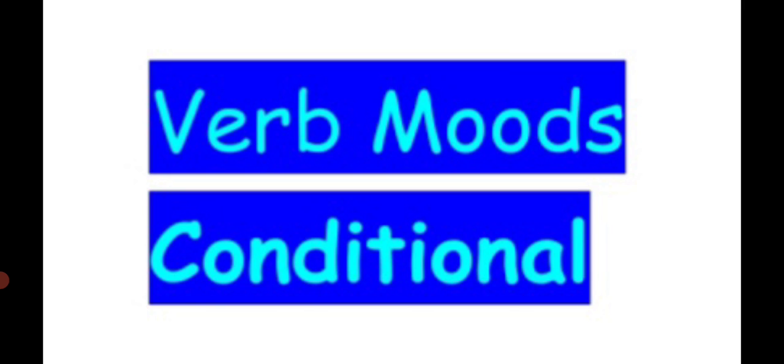Special rule. Don't mix indicative and conditional. If does not go with was. If goes with were. Yes, if I were a butterfly, I would fly. No, if I was a butterfly, I would fly.